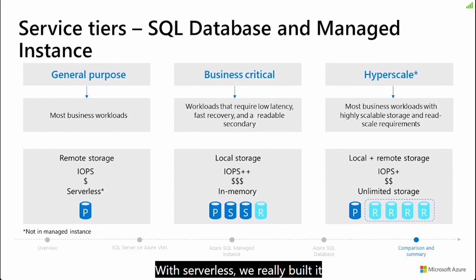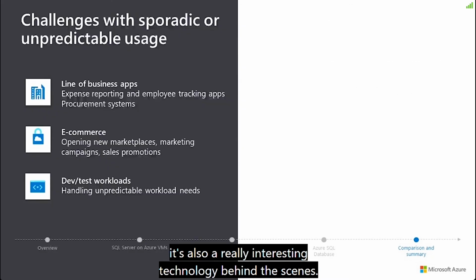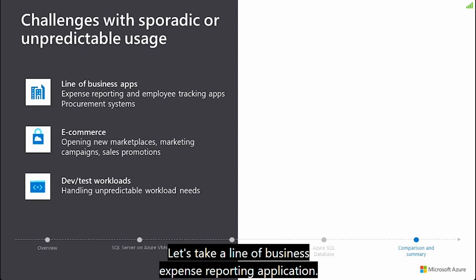With serverless, we really built it to address intermittent, unpredictable workloads. So I wanted to dive just slightly into that because it's also a really interesting technology behind the scenes. So if we consider a specific application, let's take a line of business expense reporting application.